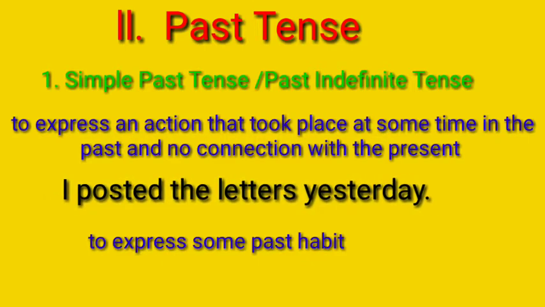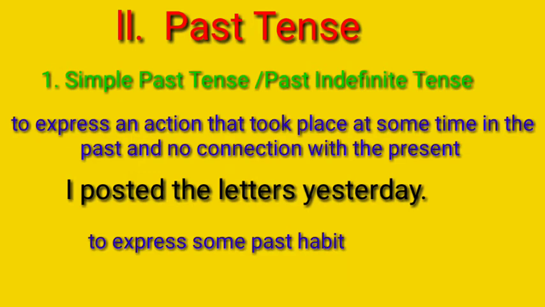I posted the letters yesterday. In this example, the action happened in the past and there is no connection with the present. This shows that an action took place at some time in the past.